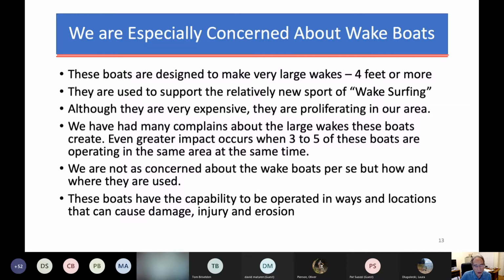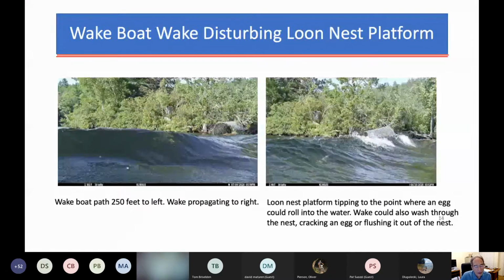It has no ballast and it creates very little wake. But if you want to do wake surfing, then you press that button and the boat takes on a lot of ballast, configures its plates and so on. These wake boats have the capability to be operated in ways and locations that can cause damage, injury, and erosion.